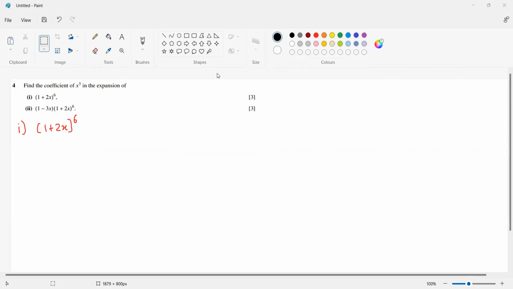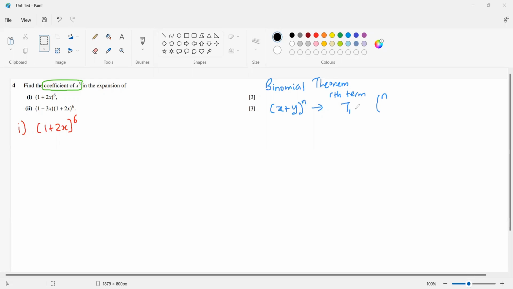So if you want to find the coefficient of x cubed, we need to know the formula generally. So I'm just going to comment a little bit. We use the binomial theorem on this. The binomial theorem tells us that the expansion of (x + y) to the power of n, you can think of it like the rth term, depending on the labeling, will be n choose r.